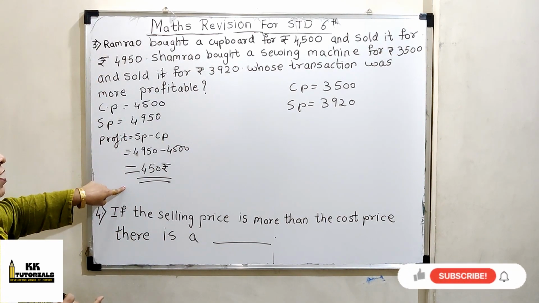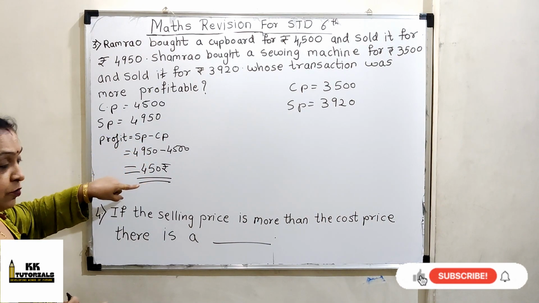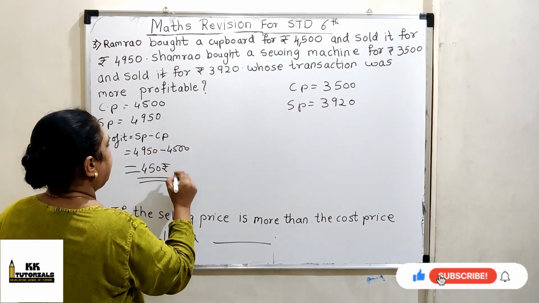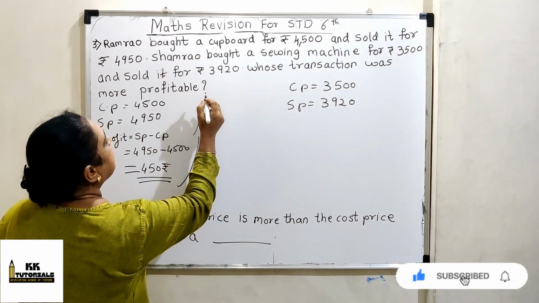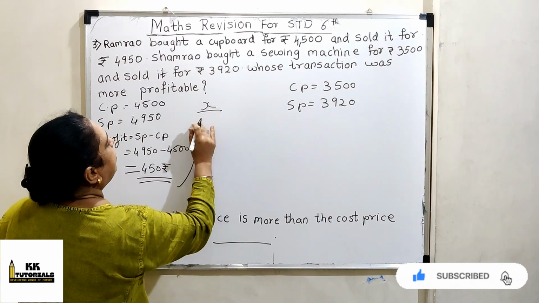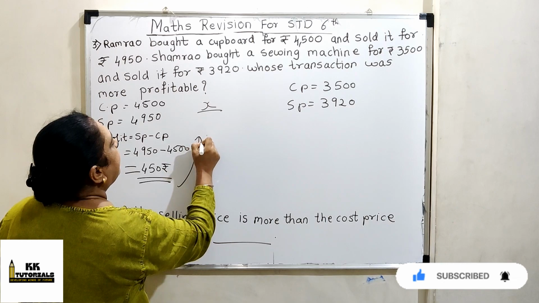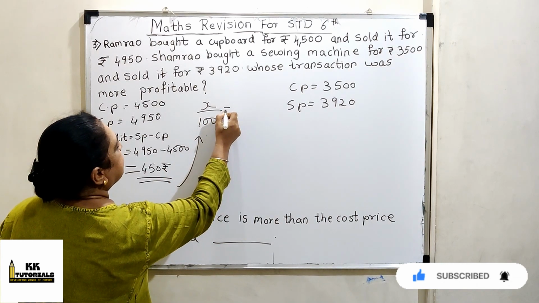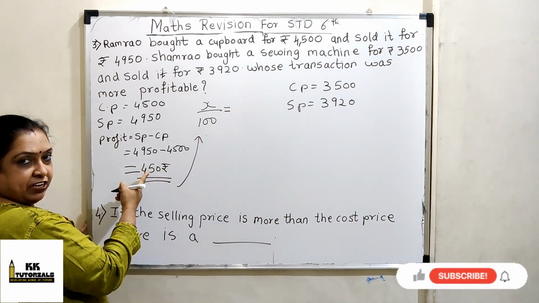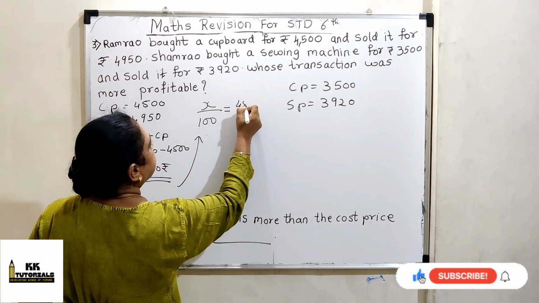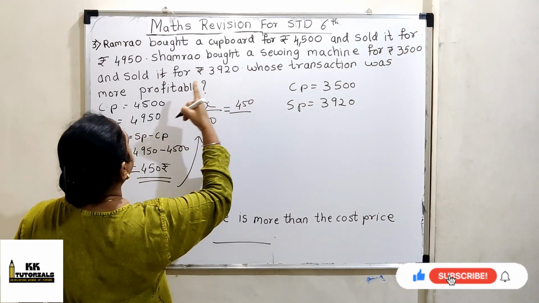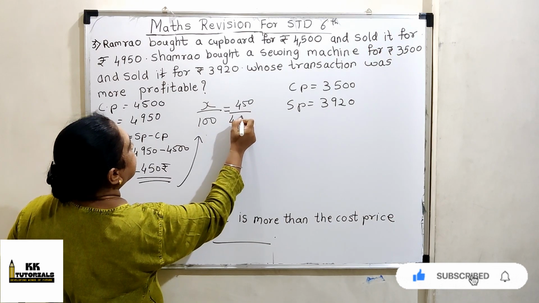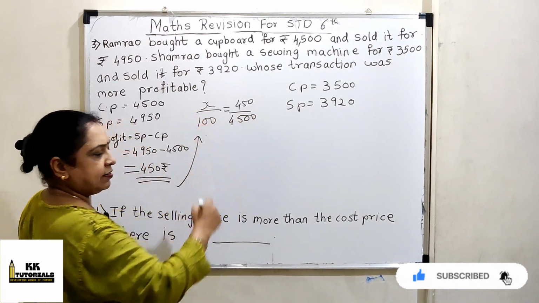So we have to find out the percent. How much percent? So how will we find out the percent? Now what you have to do is x upon 100 is equal to 450 upon, what is the cost price? 4,500.